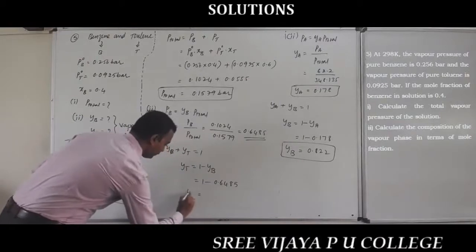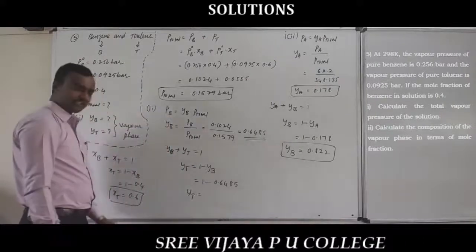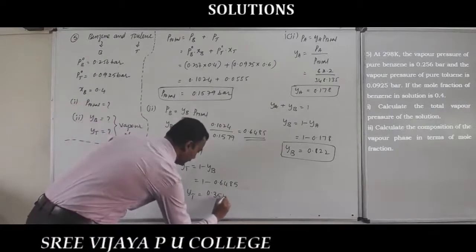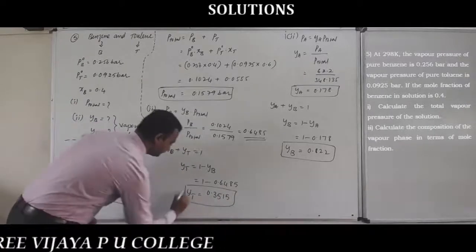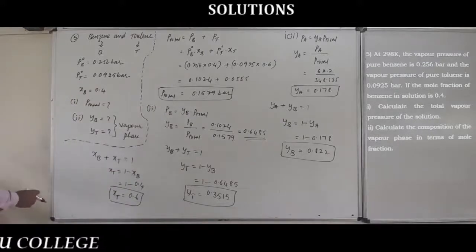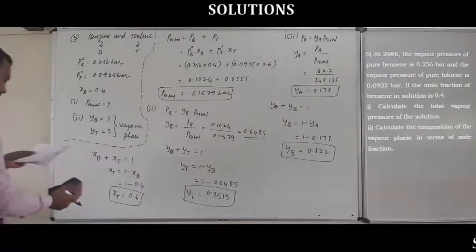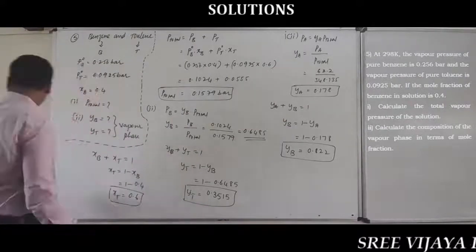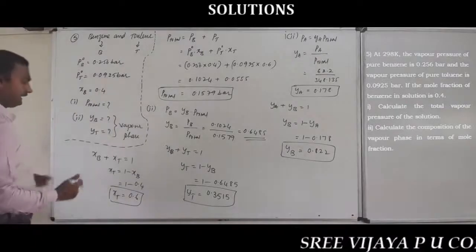So the mole fraction of component T, that is toluene, is equal to 0.3515. That is the mole fraction of the component T, toluene, in vapor phase.